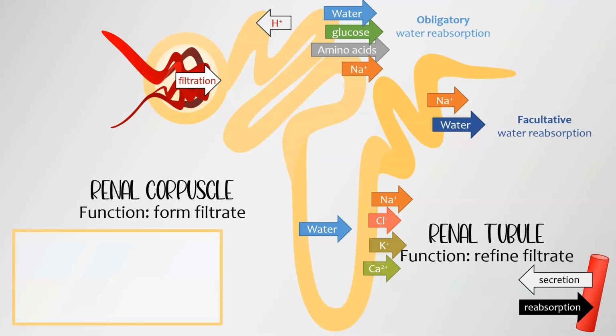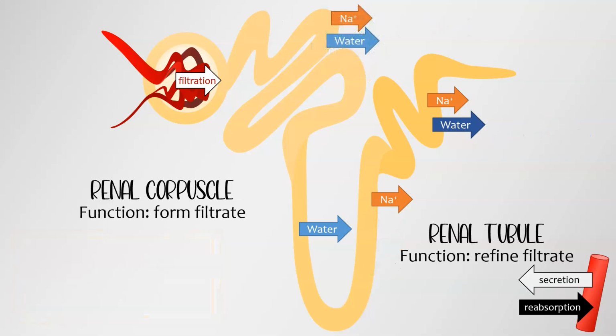Which brings us to how hormones regulate whether lots of dilute urine is produced or very little concentrated urine is produced. These hormones primarily act upon sodium and water reabsorption. This is because when more sodium is reabsorbed, water is obligated to follow. The more fluid volume that's reabsorbed back into the blood, the less volume is left in the filtrate and ultimately urine.